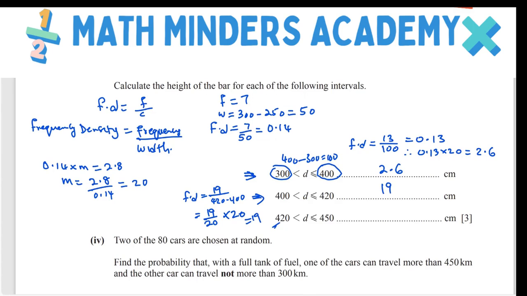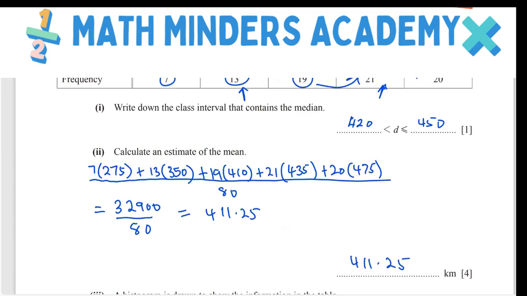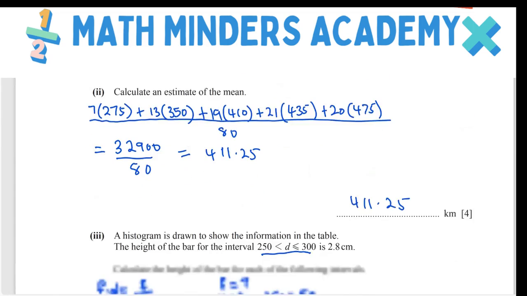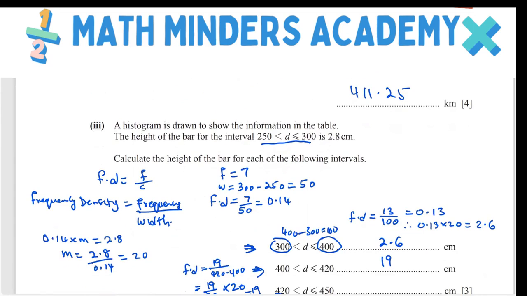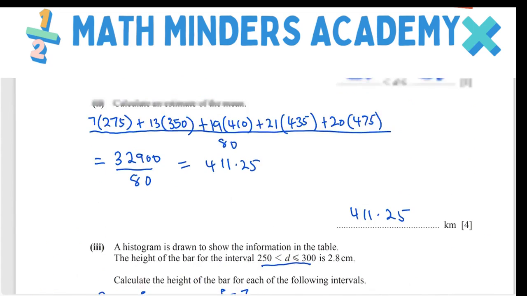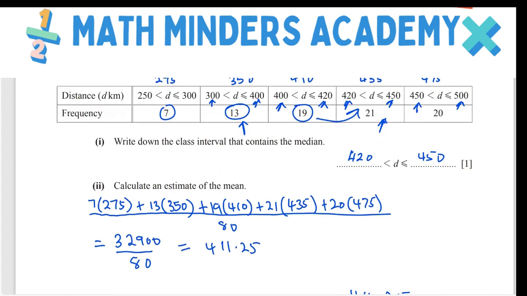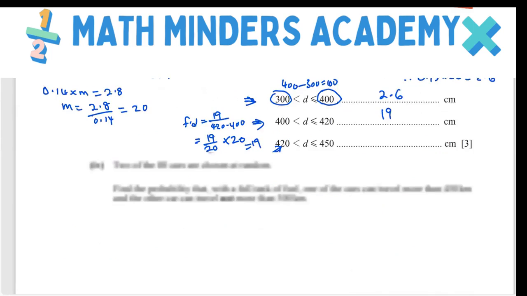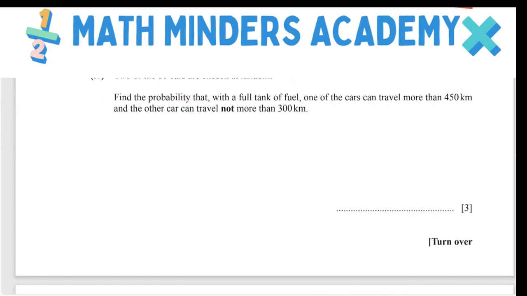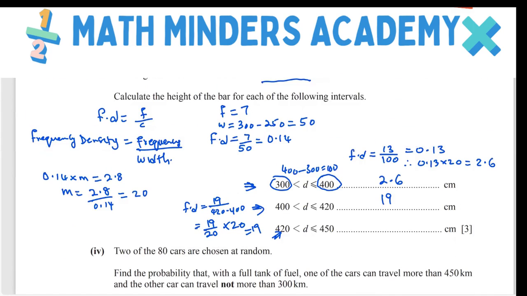So we go to this particular class, we go back to the table and check this class that has 420 to 450. We check the class that covers 420 to 450. The frequency is 21. Okay. We return back, the frequency is 21.